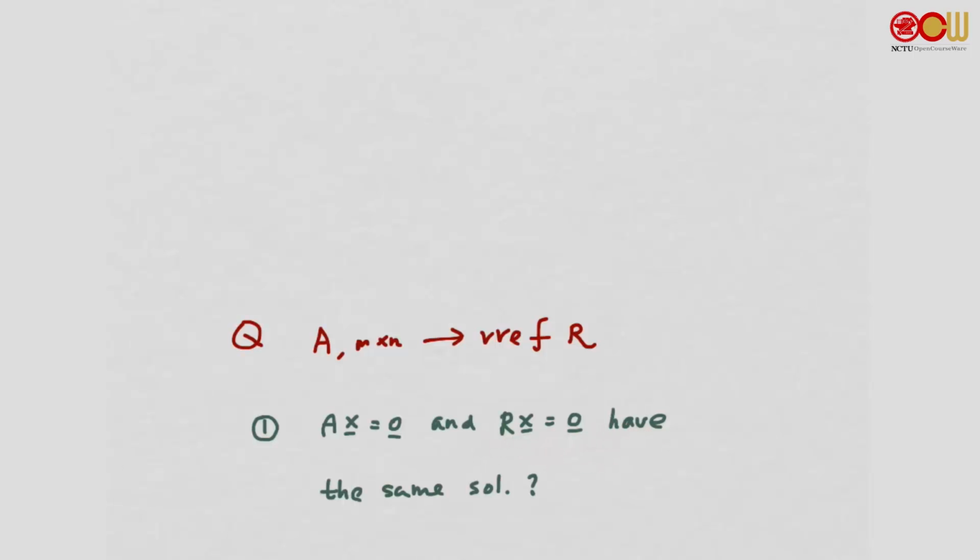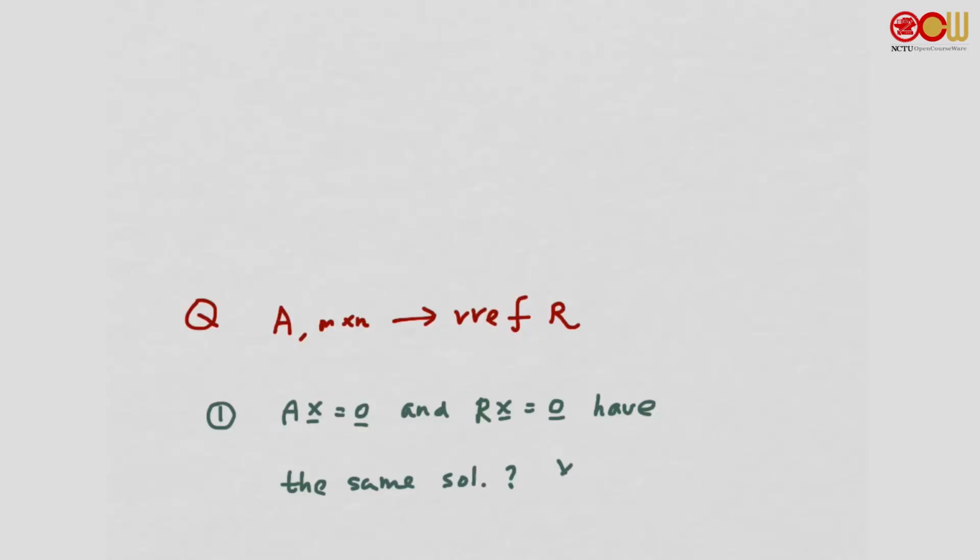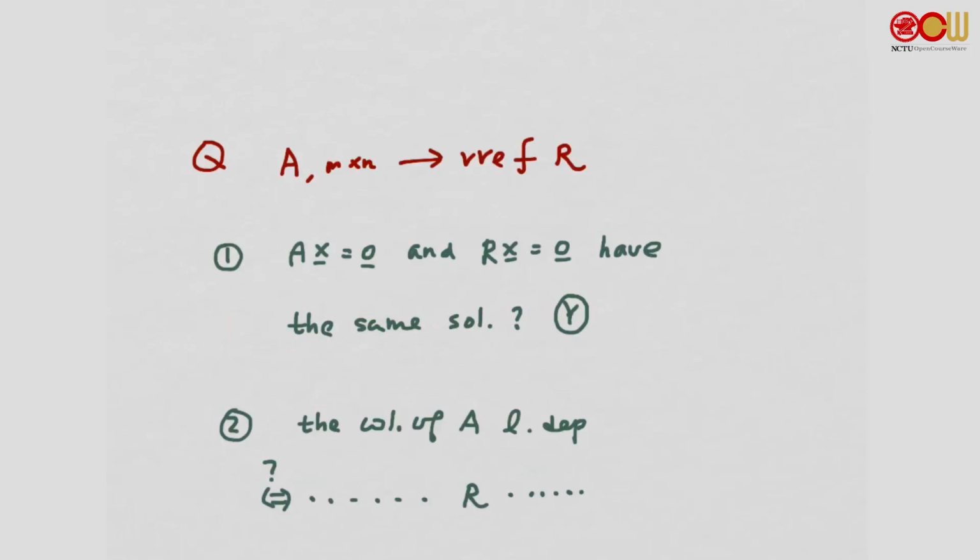Do they have the same solution? Indeed, this corresponds to the case that the B vector is the 0 vector. Indeed, that's true. Now let me ask another question.